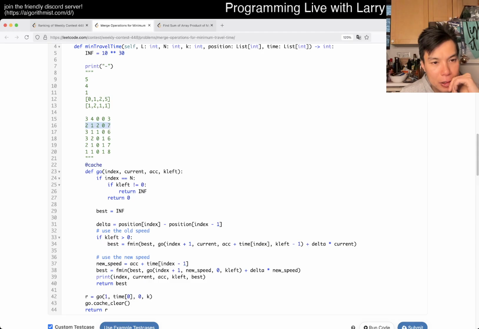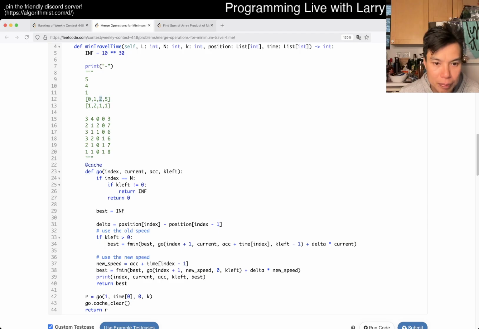Okay, so 2, 1, 2, means that's here. Current speed is 1. The accumulator is 2. Oh, that's why, because this is index -1 on the new speed. If we want to use the new speed, it is just going to be the previous accumulator.